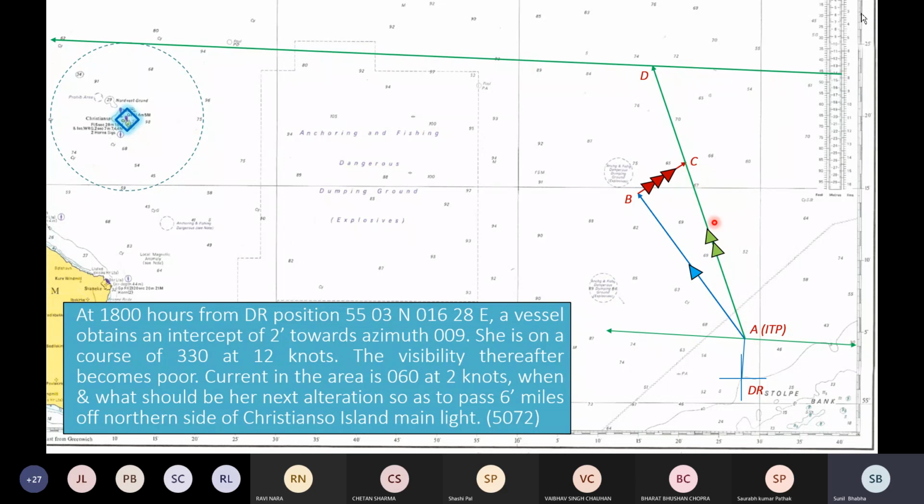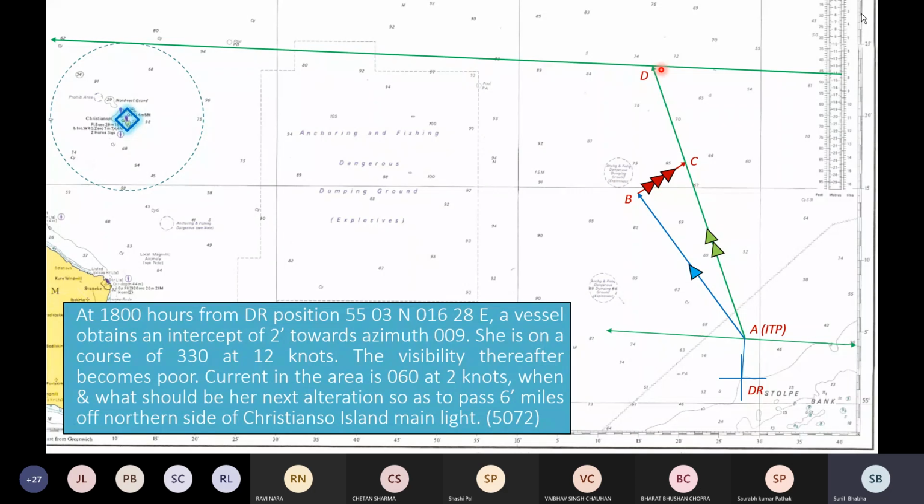So Alpha Charlie basically gives me my speed made good. I can measure off the distance Alpha to Delta, A to D, the total distance to be covered on my first leg, divided by my speed made good given by vector AC, and it will immediately give me the ETA, or the time required to reach point D.